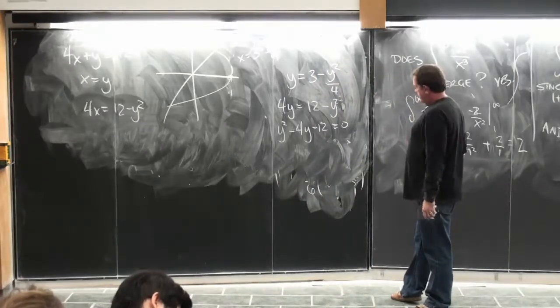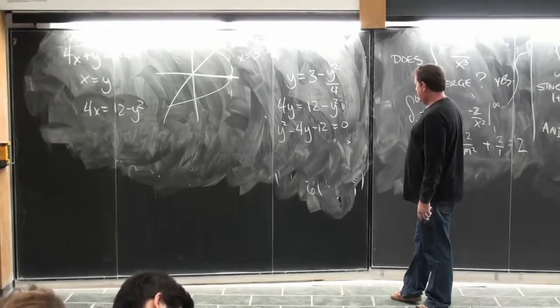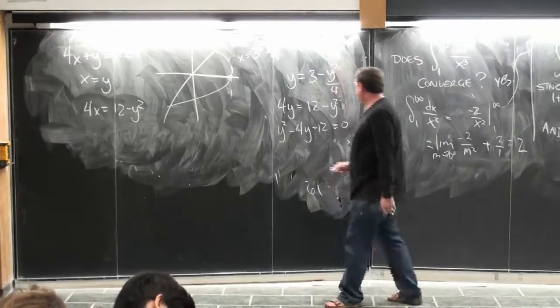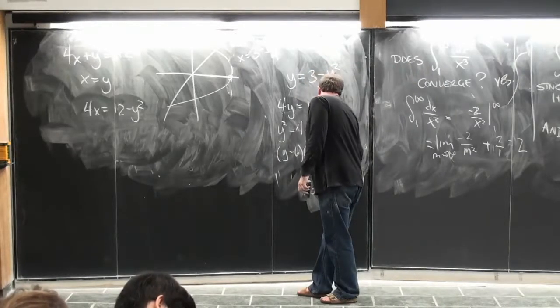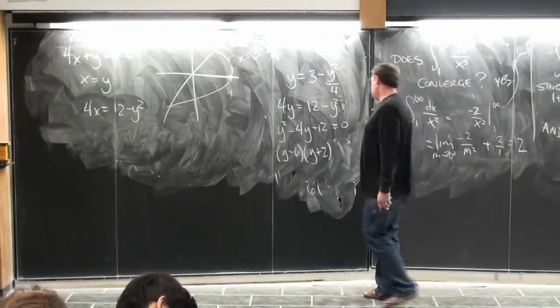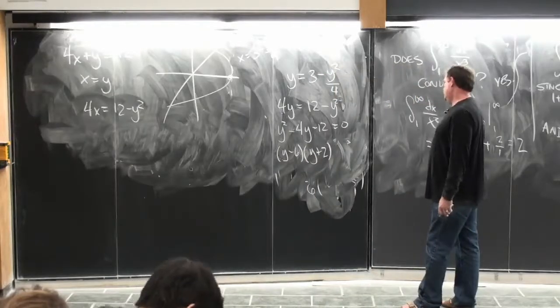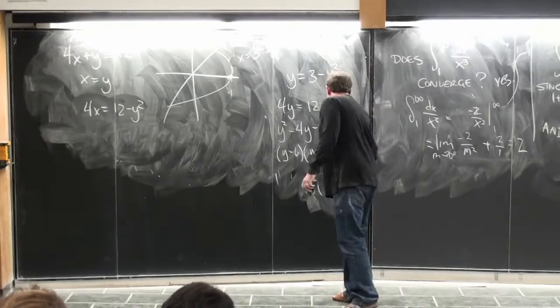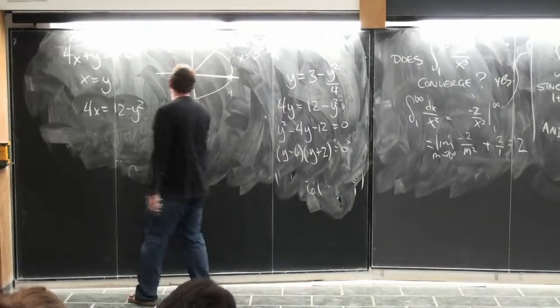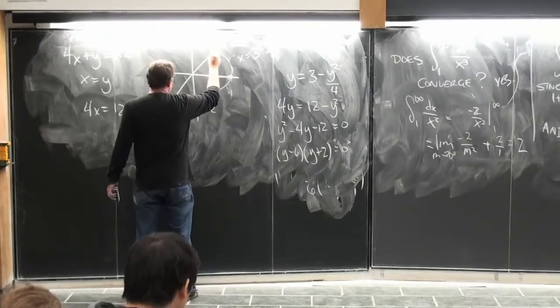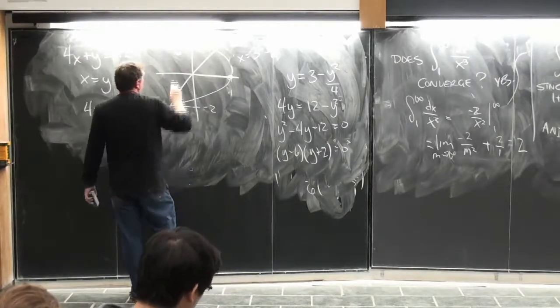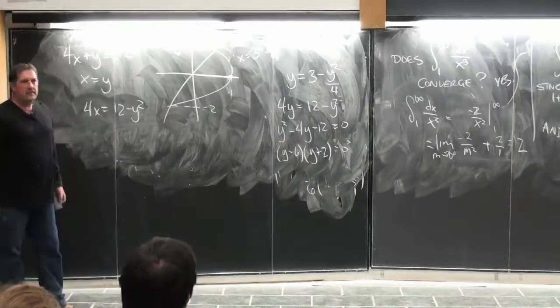So that factors: y minus 6 and y plus 2, right? Yes. So this crosses at -2, and 6. So my picture is a little bit off, but okay.